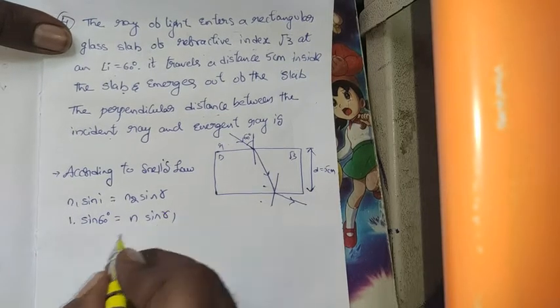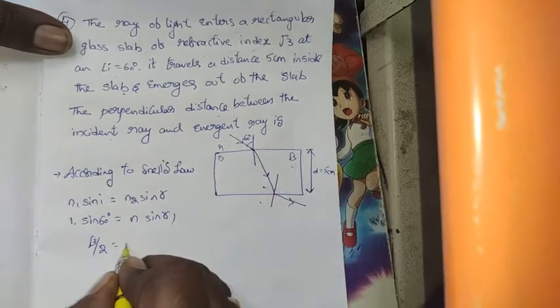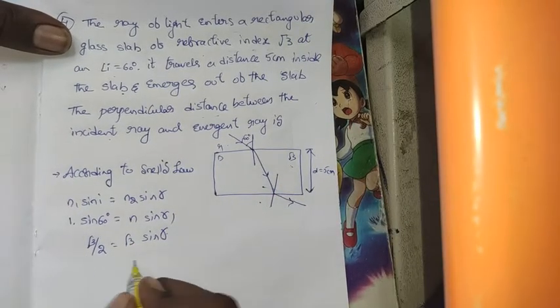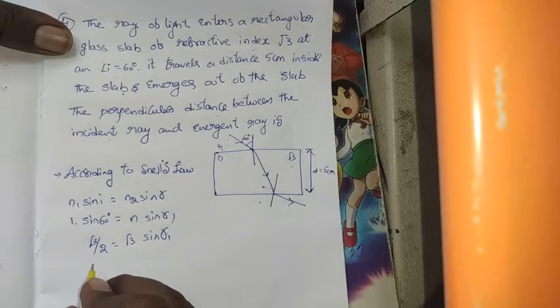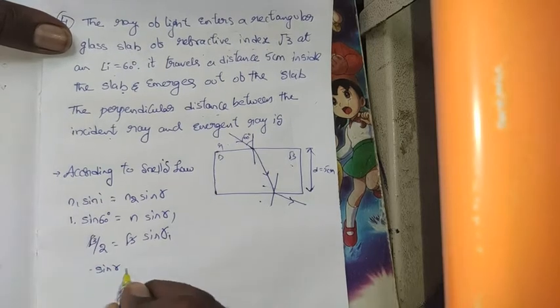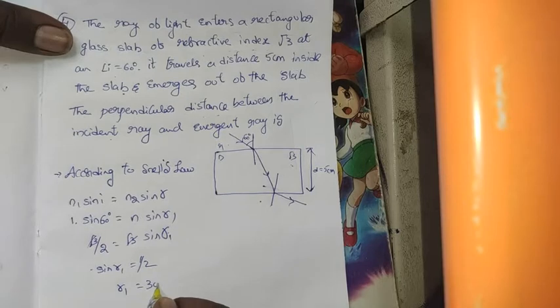Sin 60 is root 3 by 2, so root 3 by 2 equals root 3 sin R1. So sin R1 is 1 by 2, where R1 equals 30 degrees.